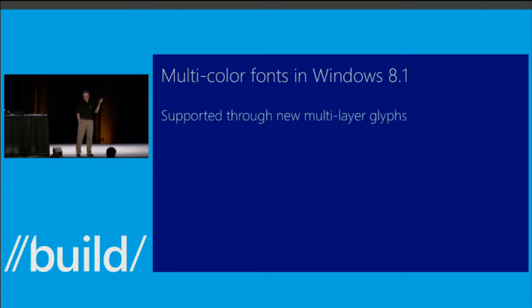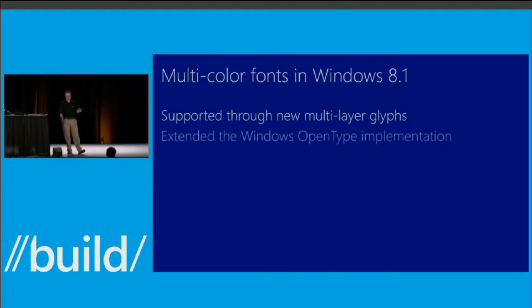First of all, they're supported as multiple layer glyphs, so these are defined just like any other glyph in a font. They're multiple layers, which means that they're Z-ordered, so you say this is the bottom one, this is the next one, and then the operating system takes care of drawing them in the right place for you so that they're registered correctly.